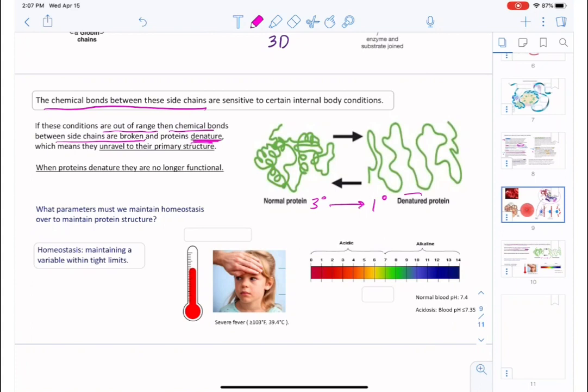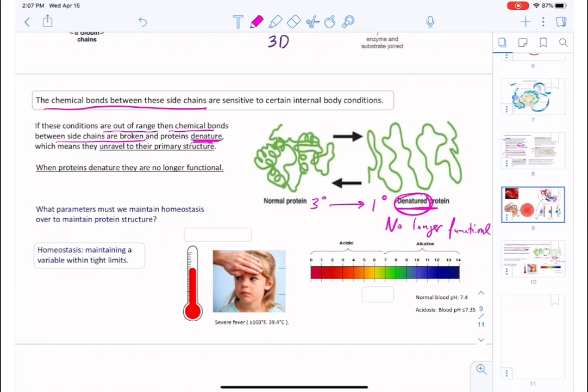And we call that being denatured. The protein is denatured when it goes from its tertiary to its primary structure. And why is that a problem for the protein if it gets denatured? Well, it's no longer functional. Enzymes, antibodies, hemoglobin, skeletal muscle proteins, if those denature, then they're no longer able to perform their jobs.